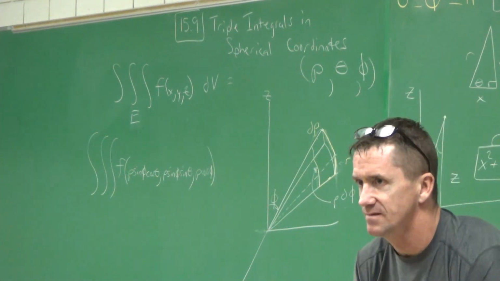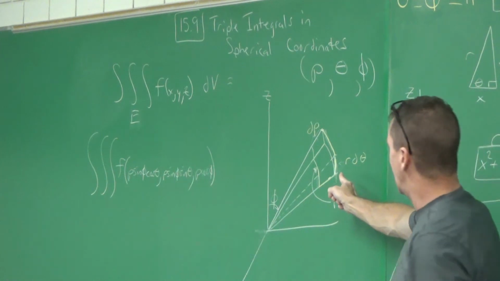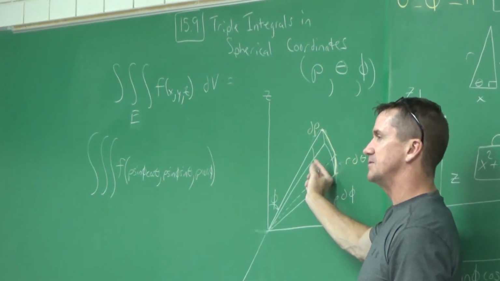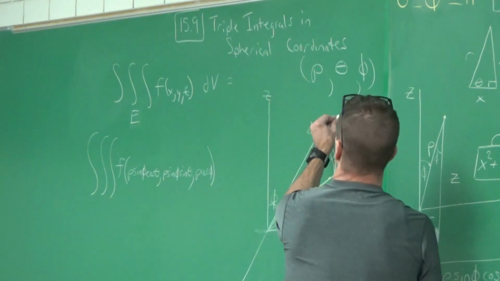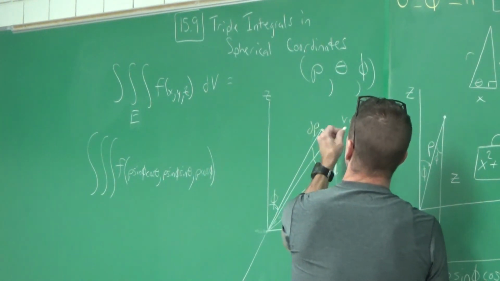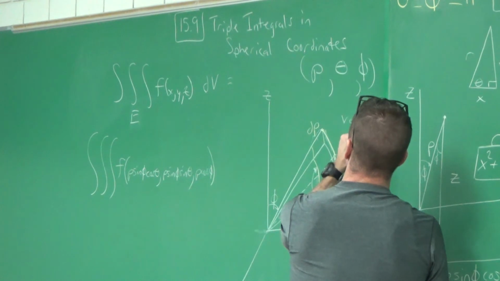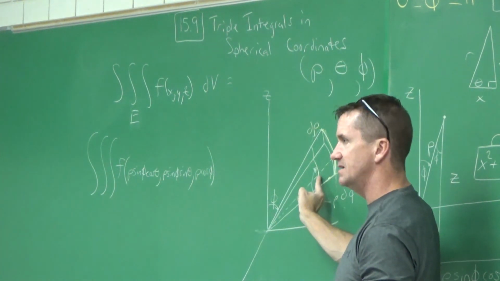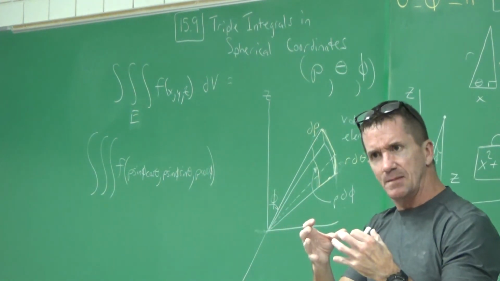But there's other stuff. I need you to focus in on this, everyone. Right there, this three-dimensional object, to figure out the volume element for spherical coordinates. It's got a d rho, and a rho times d phi, that would be this side. See this three-dimensional box that I made there?